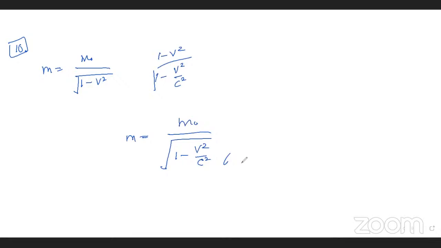You need to use dimensional analysis here, because 1 minus v square is dimensionally incorrect. To correct it, you put in the quantity c, which has the dimensions of velocity, so the velocity term becomes dimensionless when divided by c square. It's clear then.